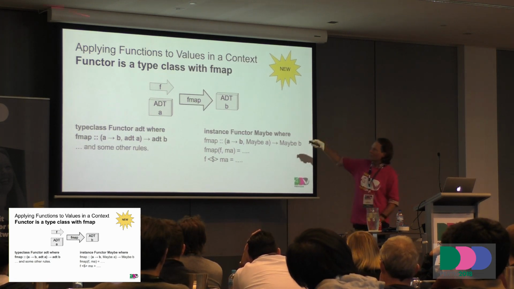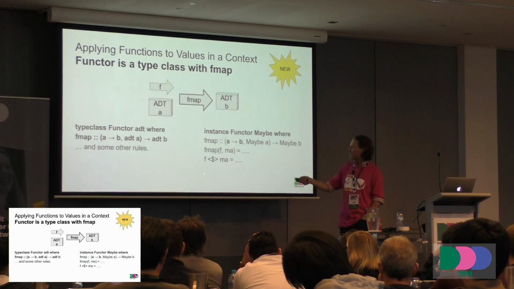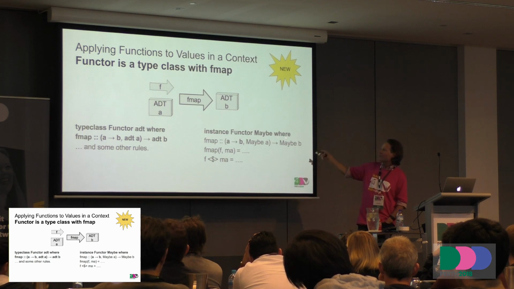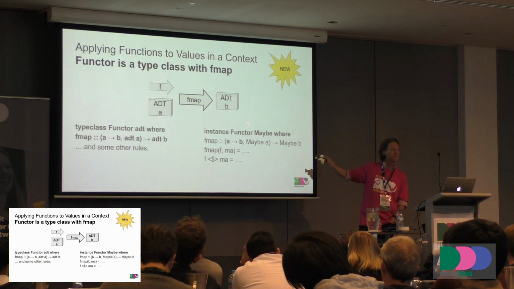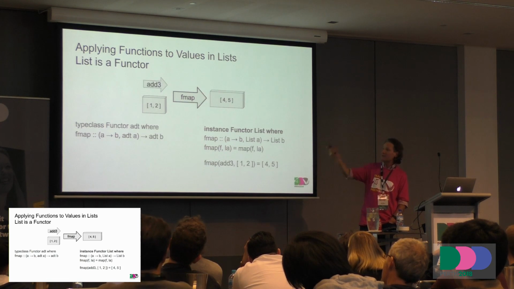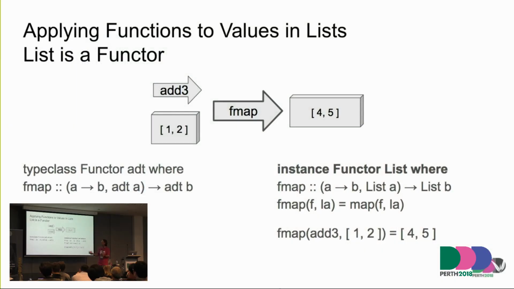So fmap helps us get around this problem. I showed you the implementation of fmap for, this is saying I've got an instance of a type called maybe, which implements the functor, and here it is implementing fmap for the maybe. You can also do the same thing for other types, like list. I mentioned list was a container, so we can't pass a list in because add3 doesn't know how to work with lists.